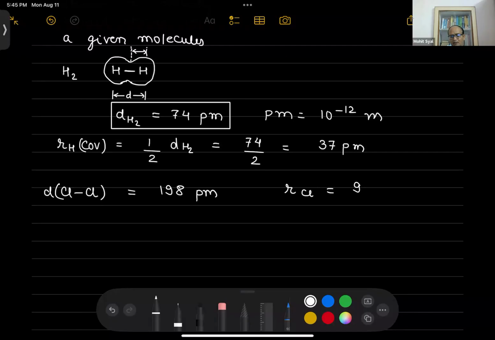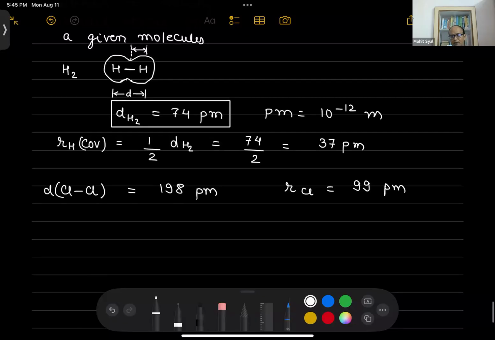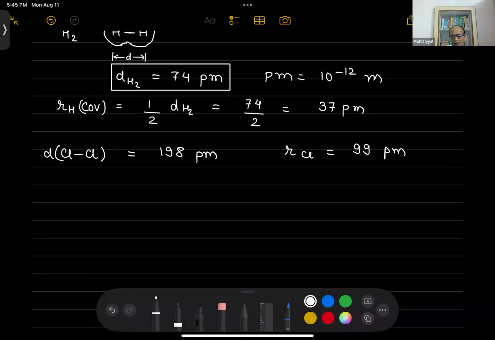So it is 99 picometer. If you double it, it will be 198. So just half it. I hope that is clear to you. So this is the radius of chlorine.